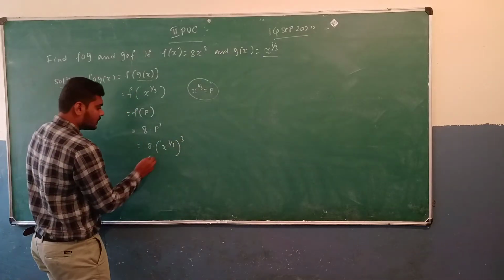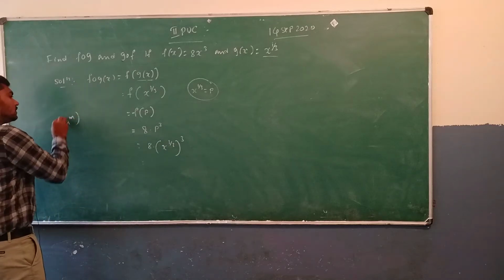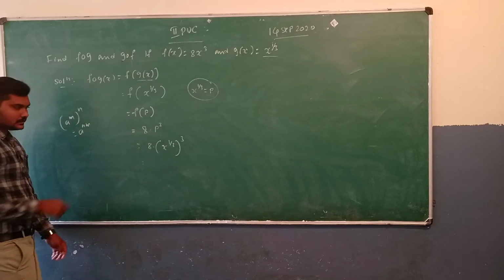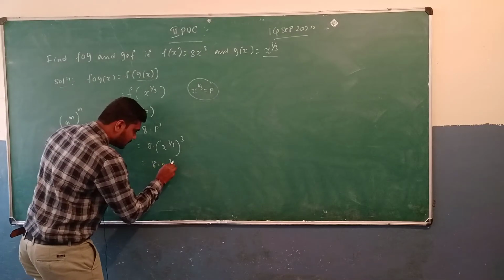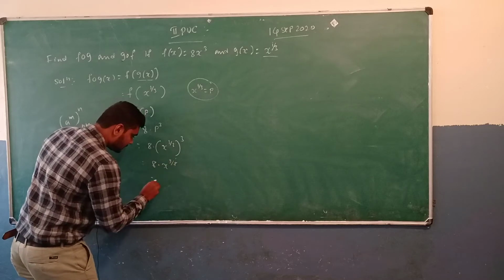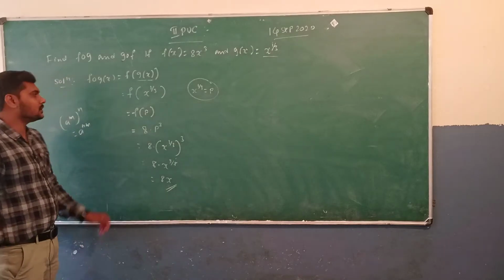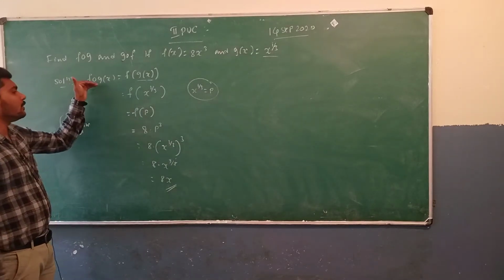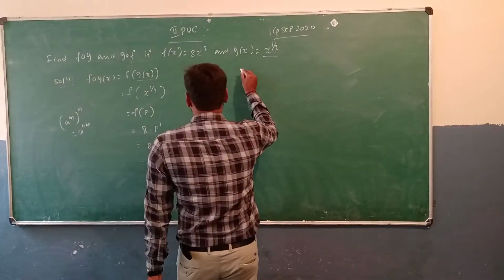You know the concept of a to the power m whole to the power n is a to the power mn, so it is going to be 8 into x to the power 3 divided by 3, which is 1. You can say 8x. So f of g of x, or fog of x, is nothing but 8x.